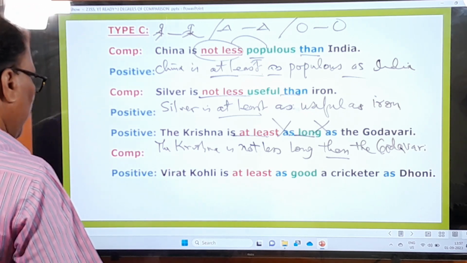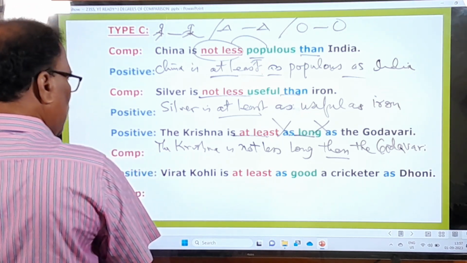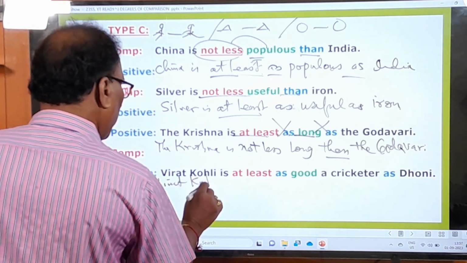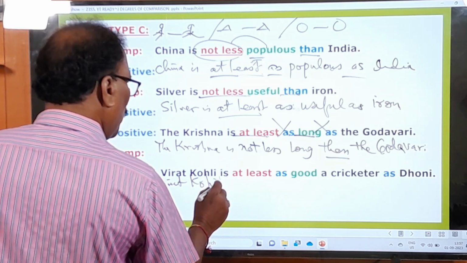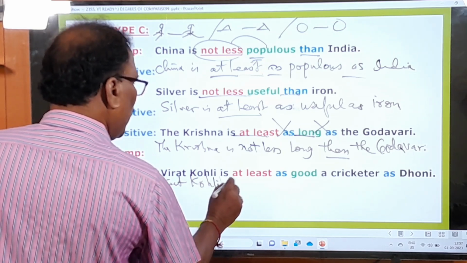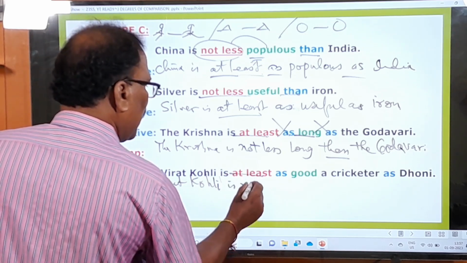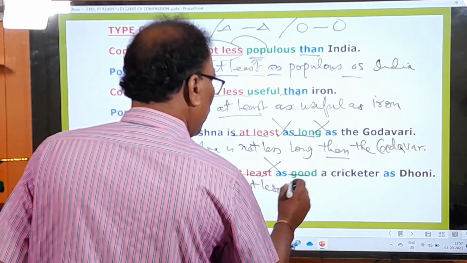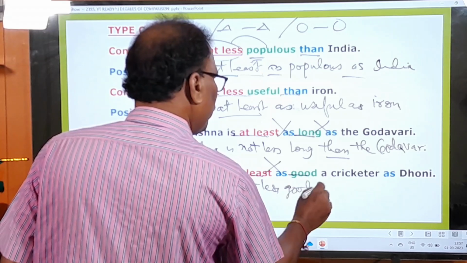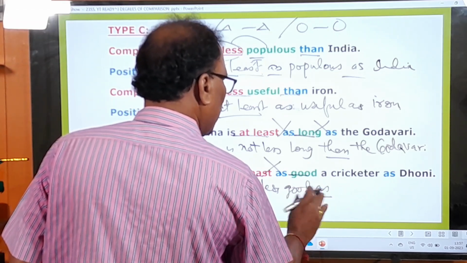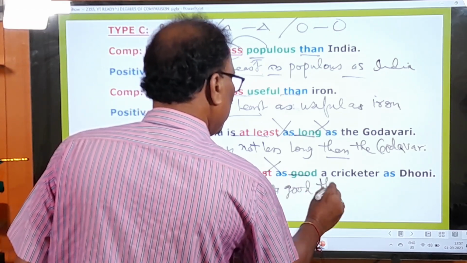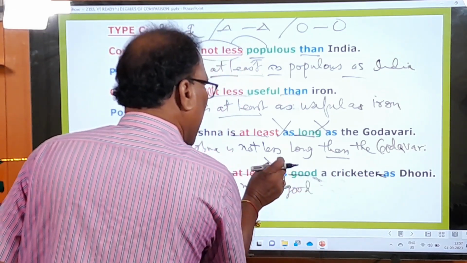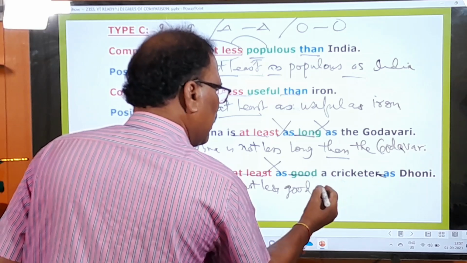Okay, Telugu meaning. And here comparative degree is there. So same, Virat Kohli: "at least" is turned into "not less", "as" is dropped, and we have to use "good" only, and then "than", "not less than", here "than" is there, and whatever the words are between "as" and "as", that we have to write.